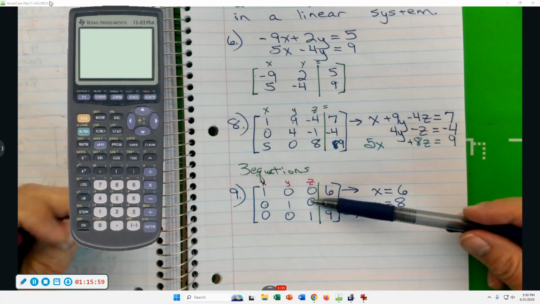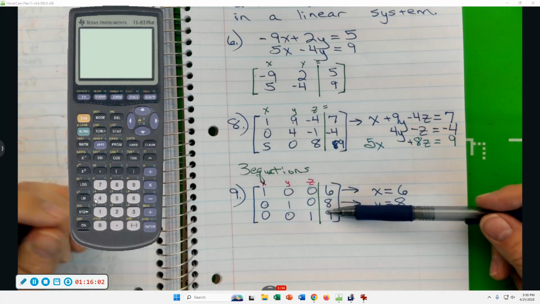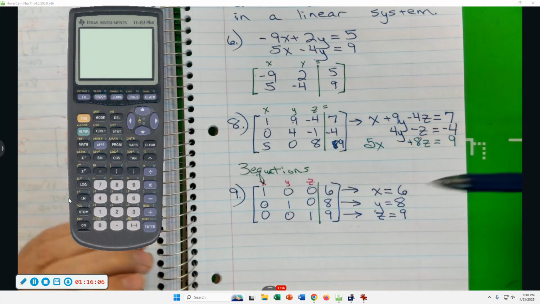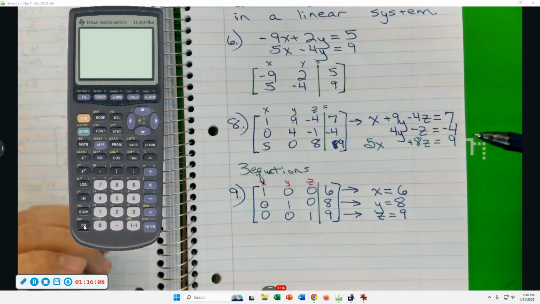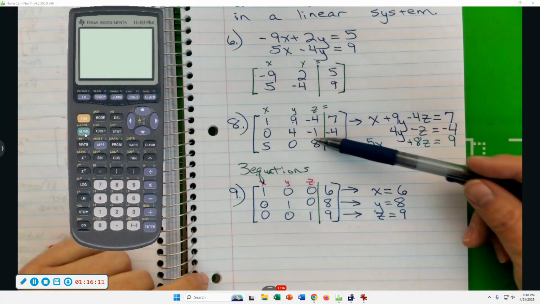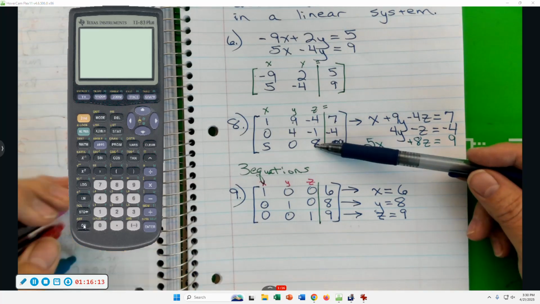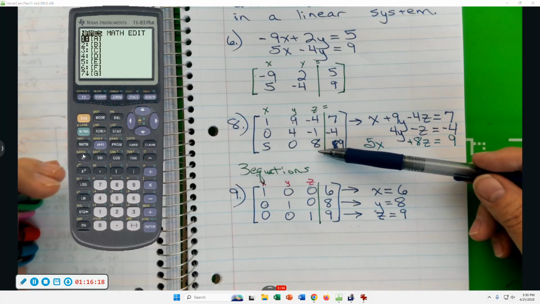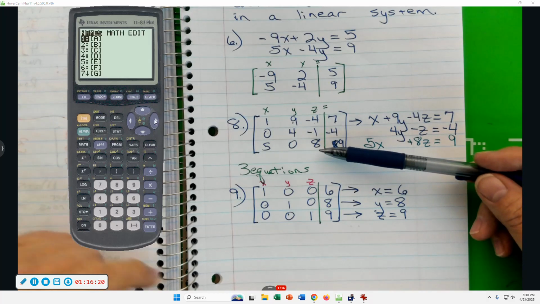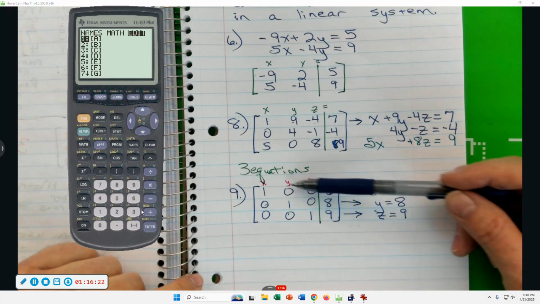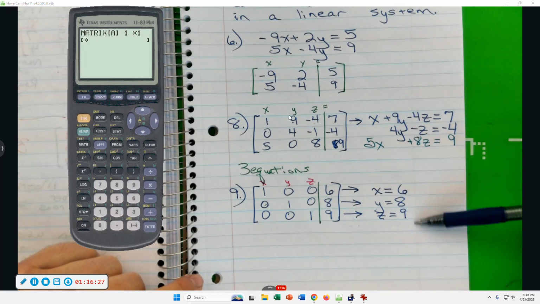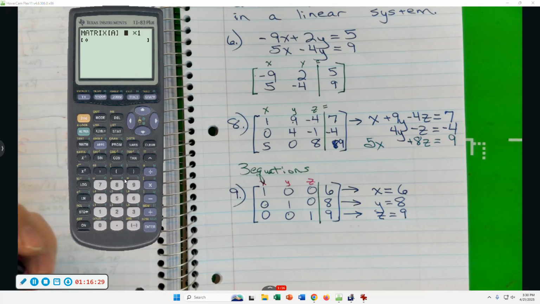That's why something like this is called reduced row echelon form. And a calculator like this has a matrix key. You could type in a matrix and then tell it to do the reduced row echelon form. I think it's RREF, and it would get it in this form that we have here. And that means these numbers over here are the solutions to the system. Now, we're not going to have to go through and do that row reduction.